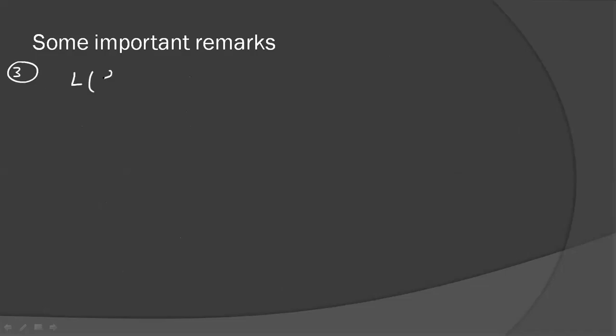I told you the Laplace of f(t minus a) u(t minus a) is equal to e to the power minus as Laplace of f(t). Sometimes we have to make f(t minus a) into f(t), so it is better to make f(t) here.